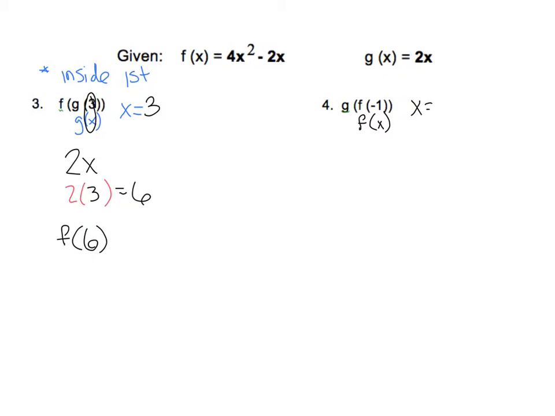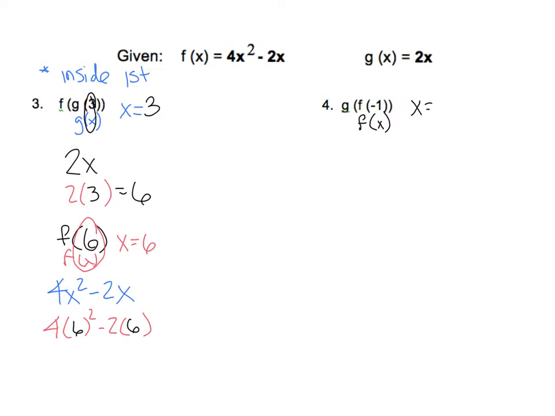So now we're using f of x, and we now have that x equals 6. So we're going to plug it into the expression 4x squared minus 2x. So when we substitute that in, you would get 4 times 6 squared minus 2 times 6.